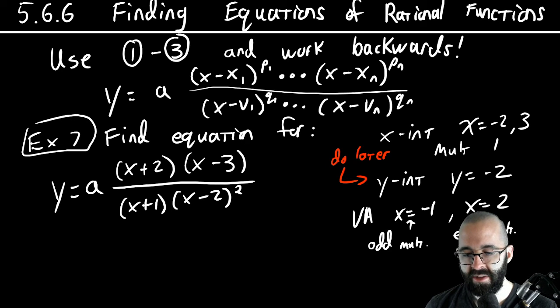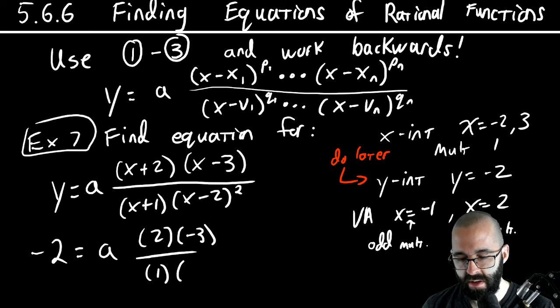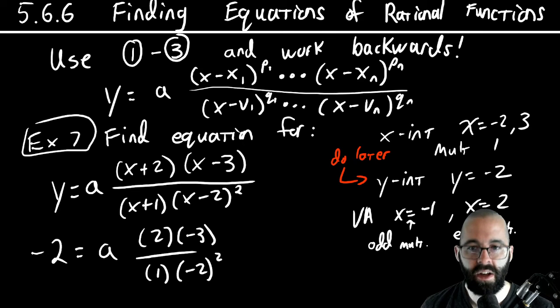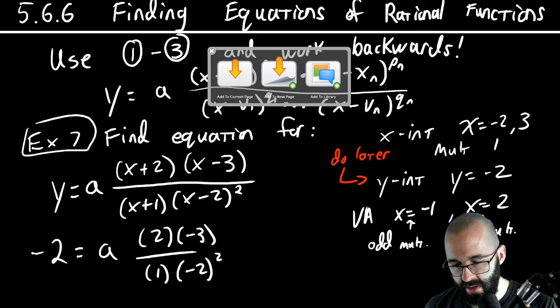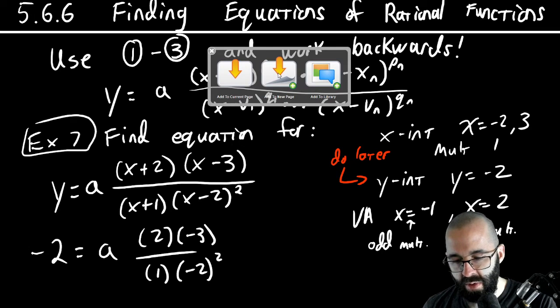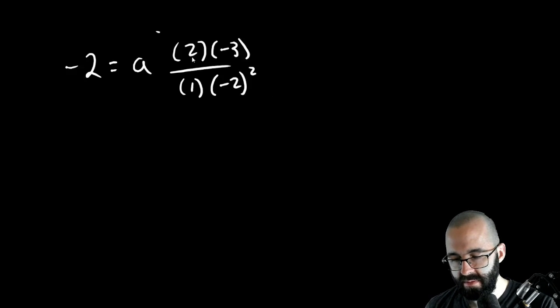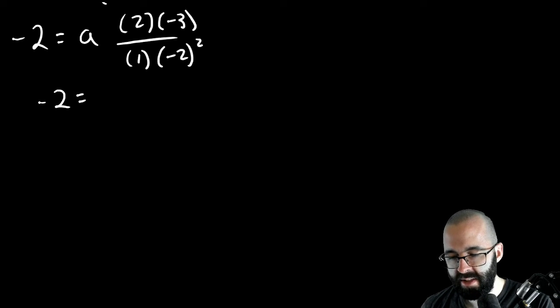The y-intercept is -2. The y is -2 when x is 0. Solve for a. All right, so when we do that, what we're going to get is that -2 is equal to, let's just do it out the long way.